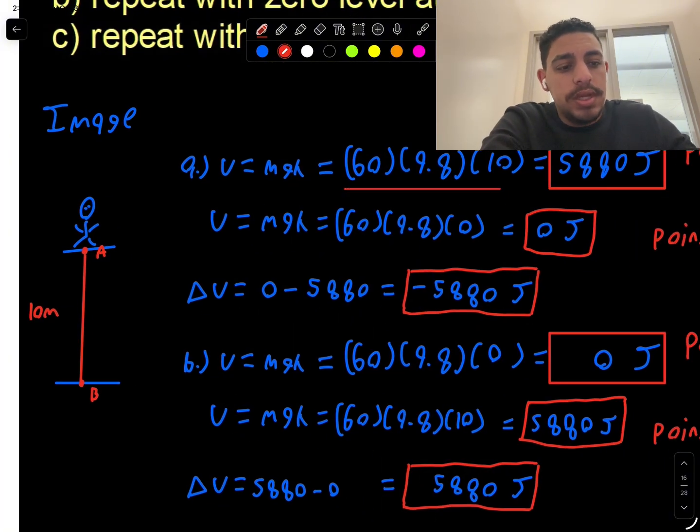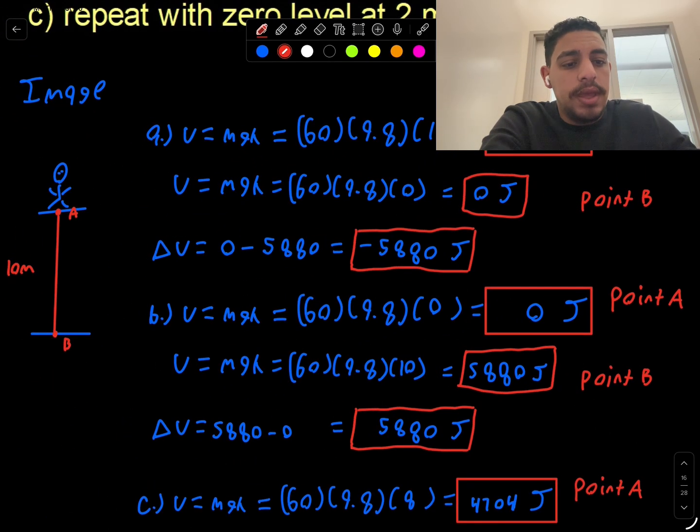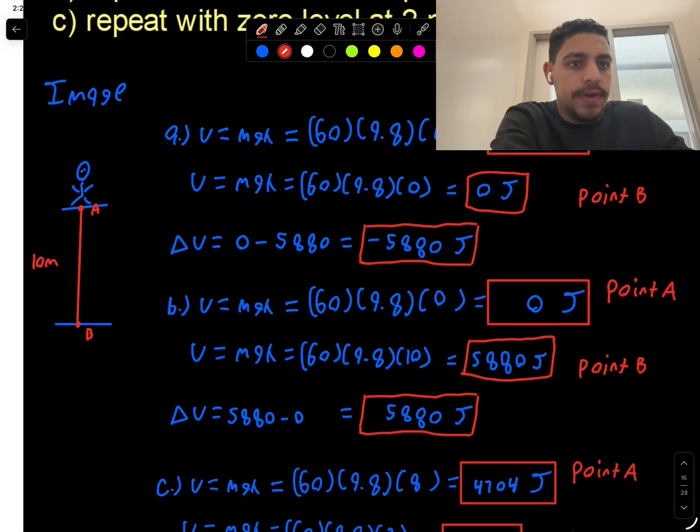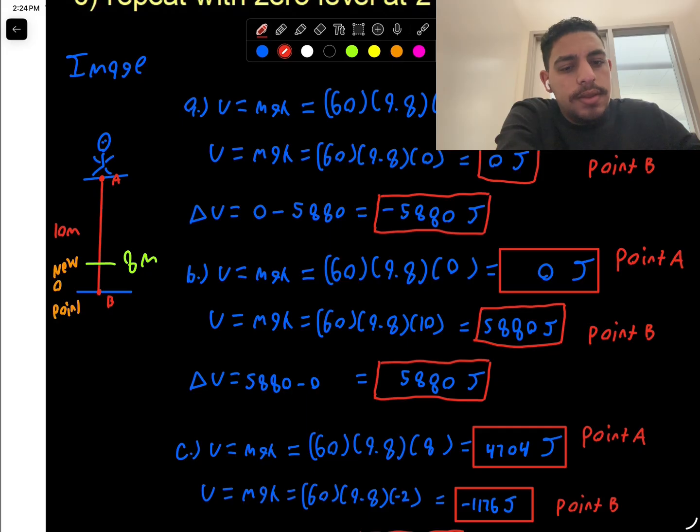And we can just easily plug in for mgh, and you get your potential energy at point A. And then if we say that the potential energy at point B, it's on the ground, it's just going to be 0, right? There's no distance being moved at all. And so what is the change in potential energy between point A and point B? It's negative 5,880 joules.